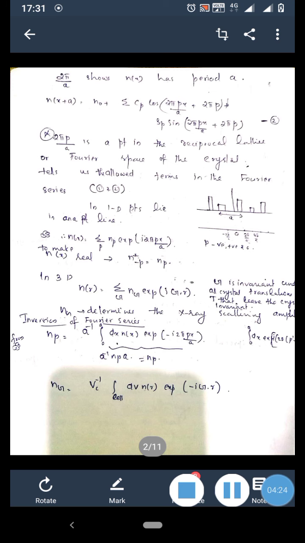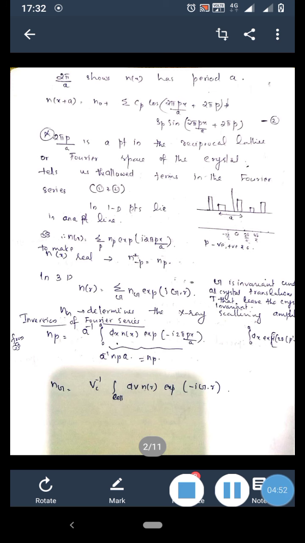Already we have seen that the reciprocal lattice vectors are given by 2 pi by a, which are points in the reciprocal lattice. So 2 pi p by a, we can assume, are points in the reciprocal lattice, which tells us the allowed terms in the Fourier series.